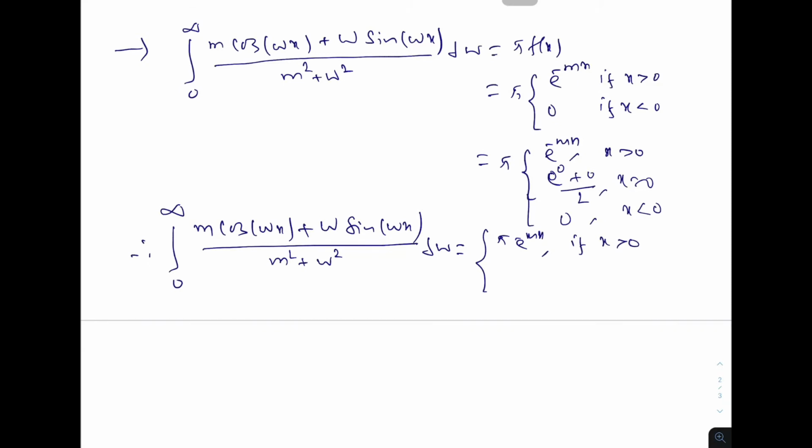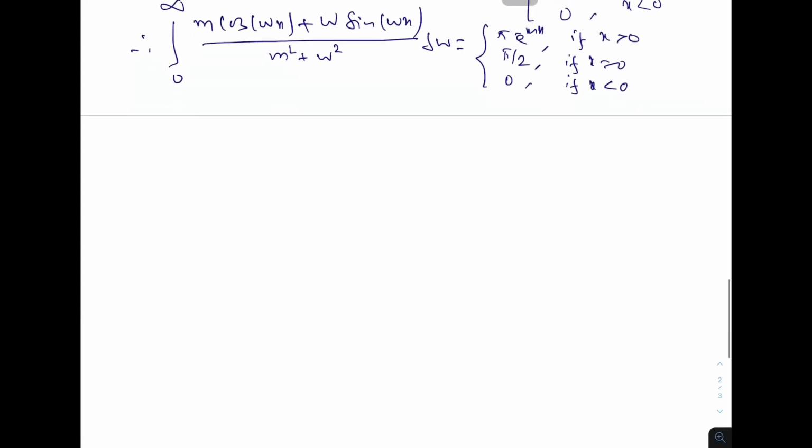Then e power 0 is 1, so this is 1 by 2, and pi multiplied, so this is pi by 2 if x equal to 0, and 0 if x less than 0. So that is the answer.